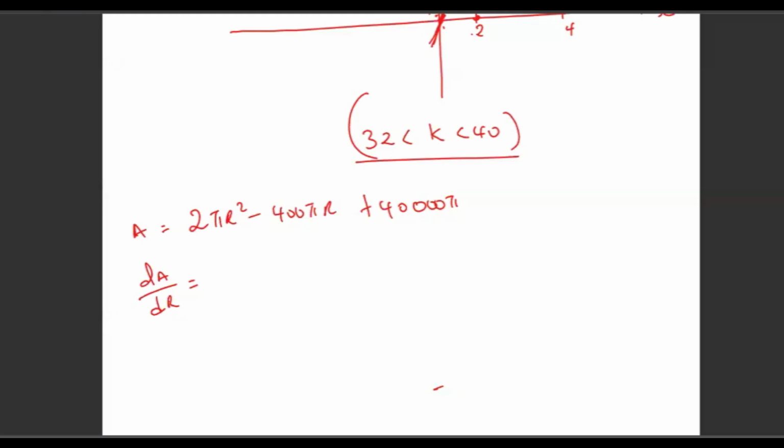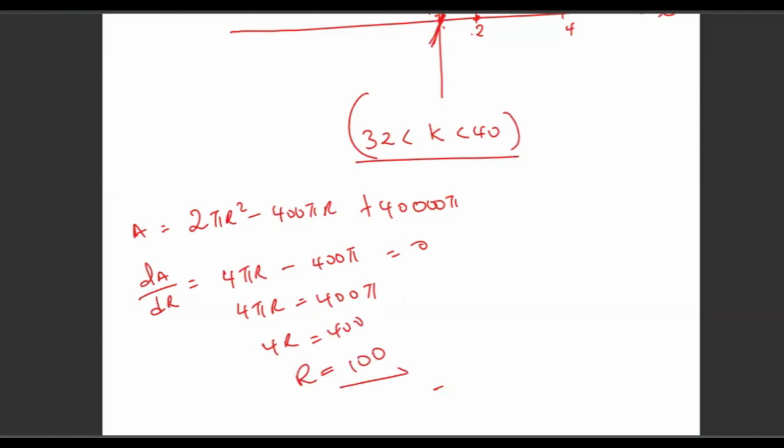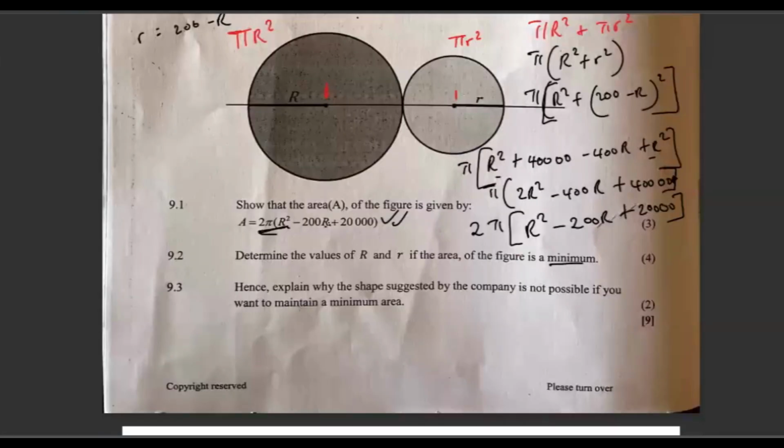That is correct. And we need to differentiate this. This is 4 pi R minus 400 pi. 4 pi R is equal to 400 pi. Divide both sides by pi. 4R is 400, which means R is 100. Then small r, we said it's 200 minus capital R. So 200 minus 100, which means that even the small r must be 100. I don't know how, but that is what I'm getting.